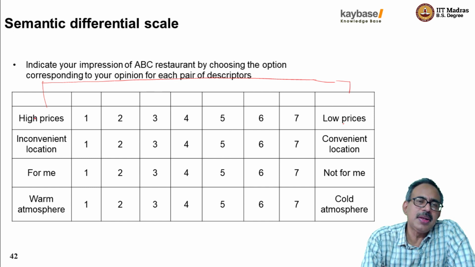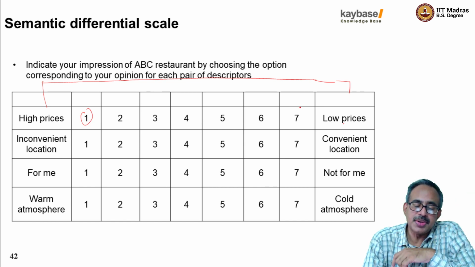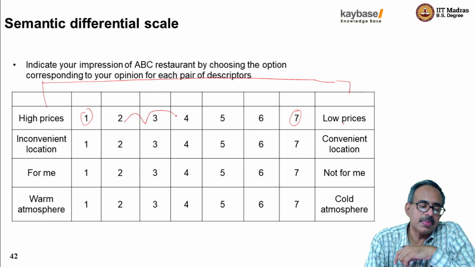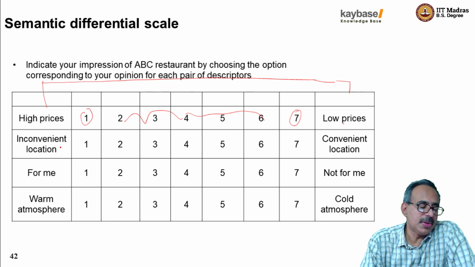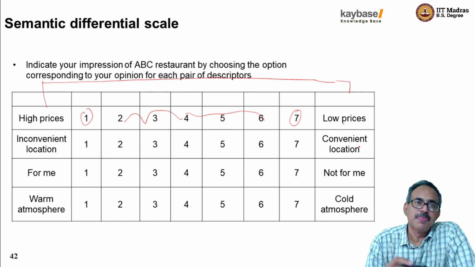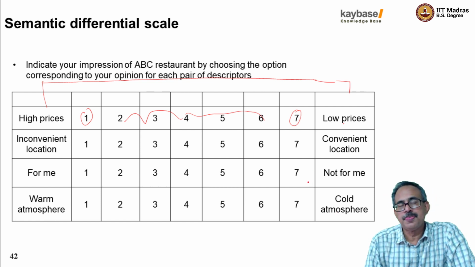So if the person completely says it is high prices, they can circle here. If the person completely believes it is low prices, he can do here. Or he can give anywhere in between. Likewise for, is this location inconvenient or is it convenient? Is it for people like me or is it not for me? Does it have a warm, welcoming atmosphere or a cold atmosphere? And the person chooses a number here.